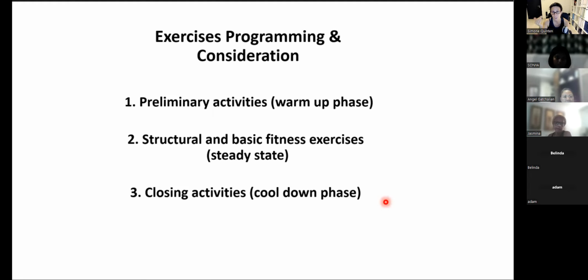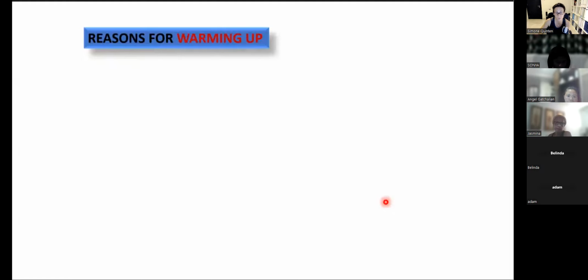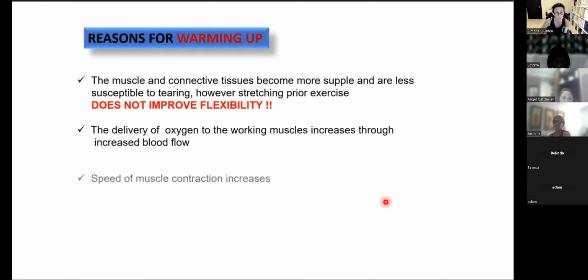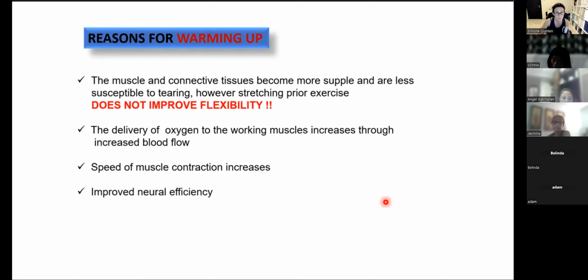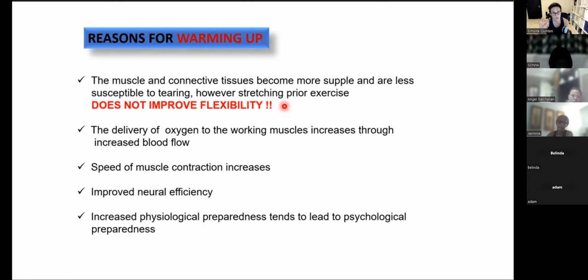All right. So the warm up phase could look like this, but first, why do we warm up? What is important to remember, and the reason why this one is in red, is that last time in the exam there was a question saying, does stretching before the exercise improve flexibility?